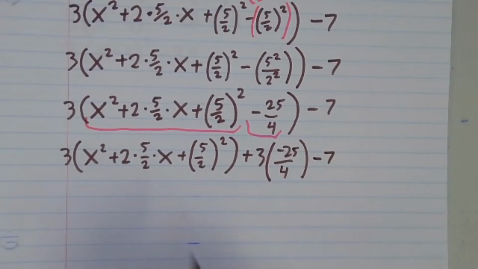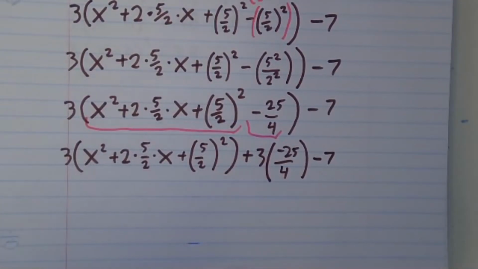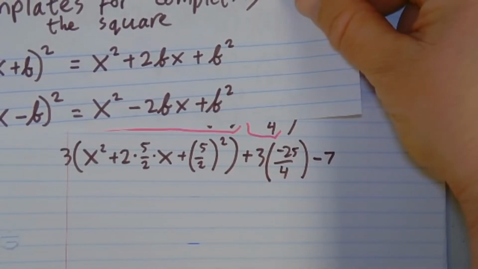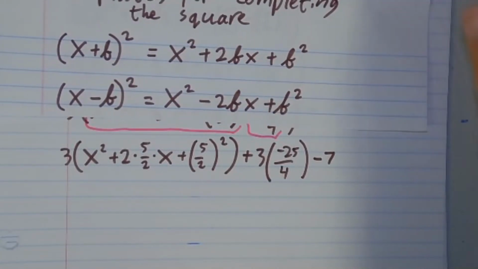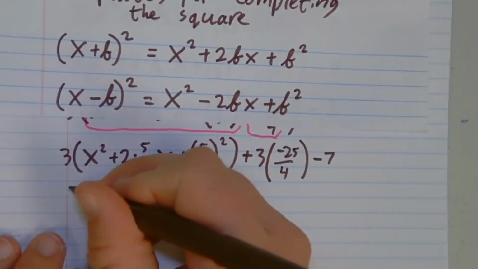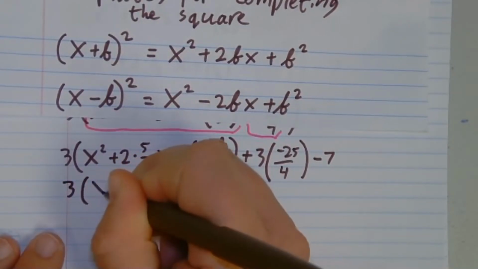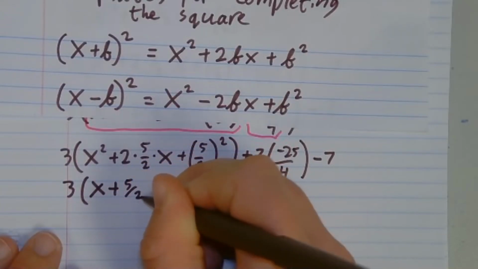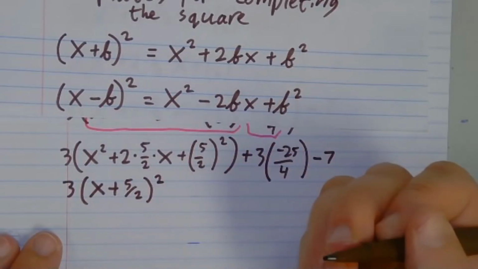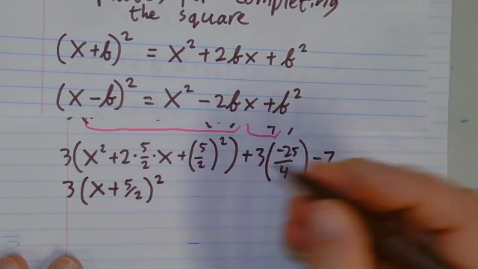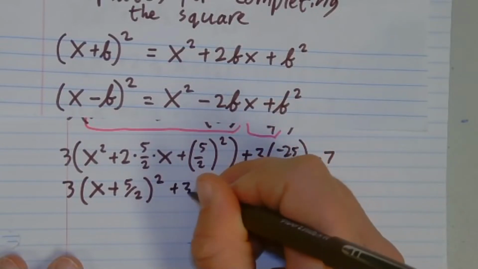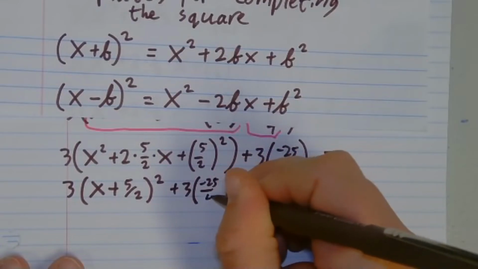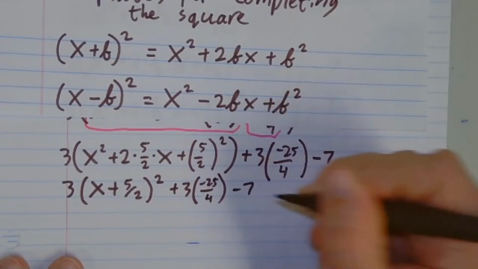So now this matches my template. It's ugly, but it matches. So I can rewrite this as x plus 5 halves squared plus 3 times negative 25 over 4 minus 7.